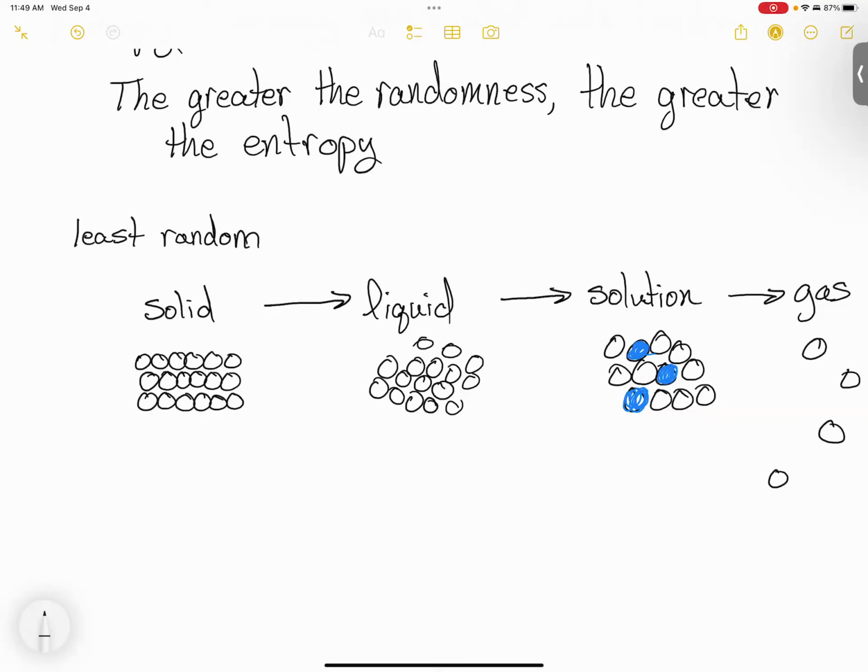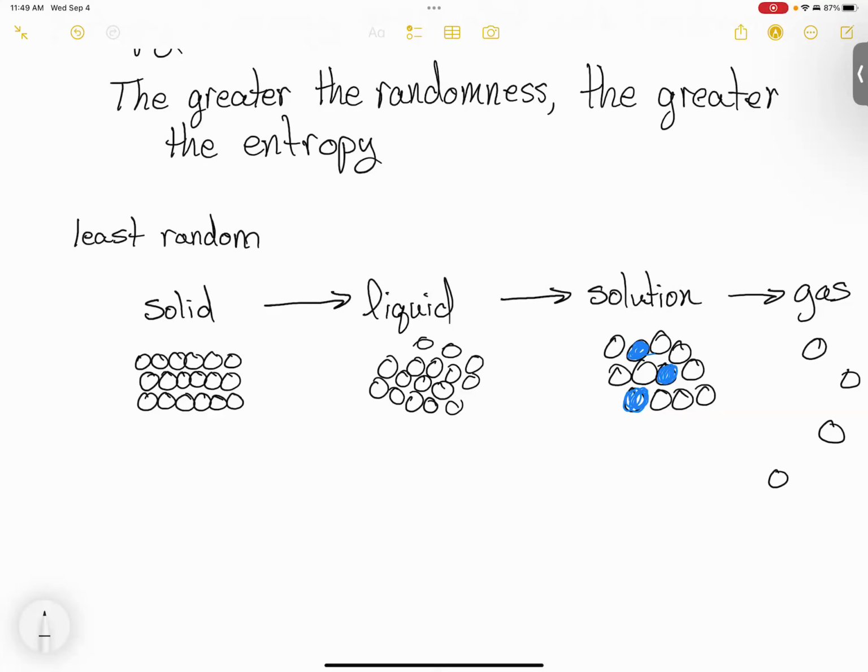Now, we're not actually going to deal with the mathematics associated with this concept until we get to chapter 18 or 19. That's when we actually get into the mathematics associated with entropy and enthalpy.